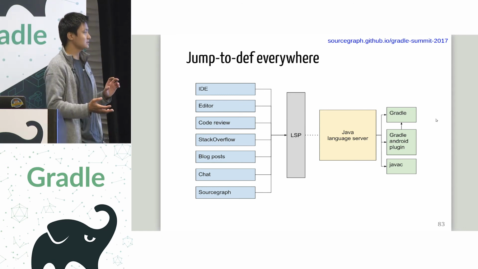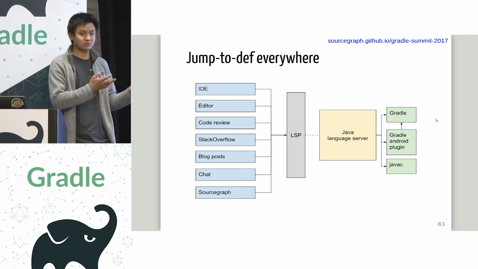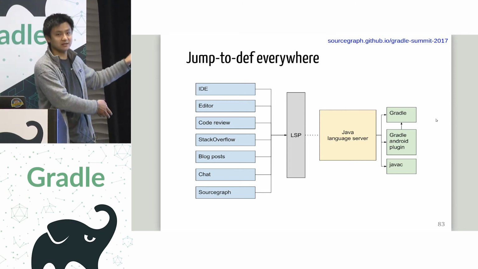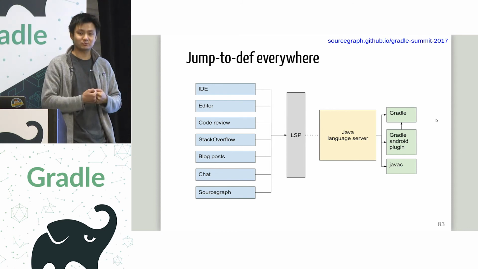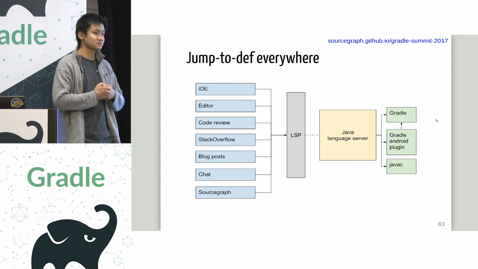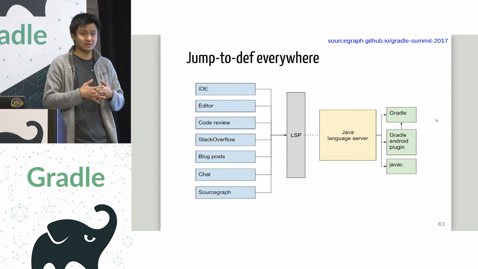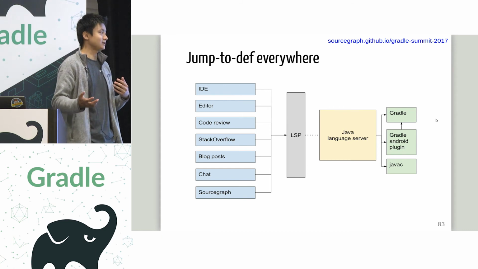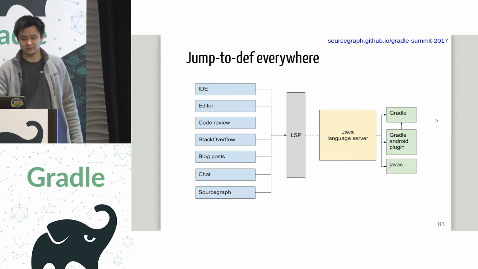And so the idea is you build a language module that serves things according to the protocol, and someone else builds a UI that speaks to that protocol. And if they both speak the same protocol, you can just hook the two up together. And so you only have to build one language module, and you only have to build one UI, and you can hook them together instead of building a new language module for every single code understanding UI you want to explore.